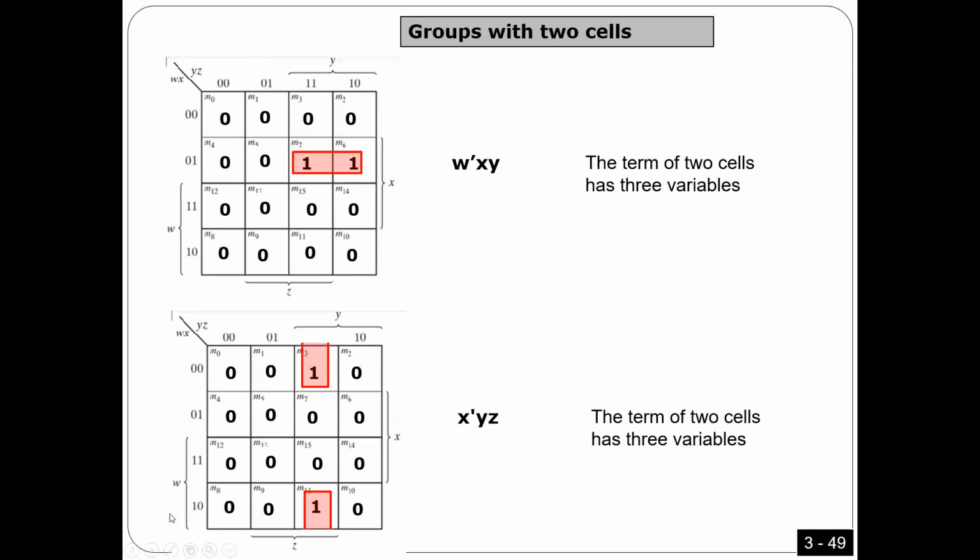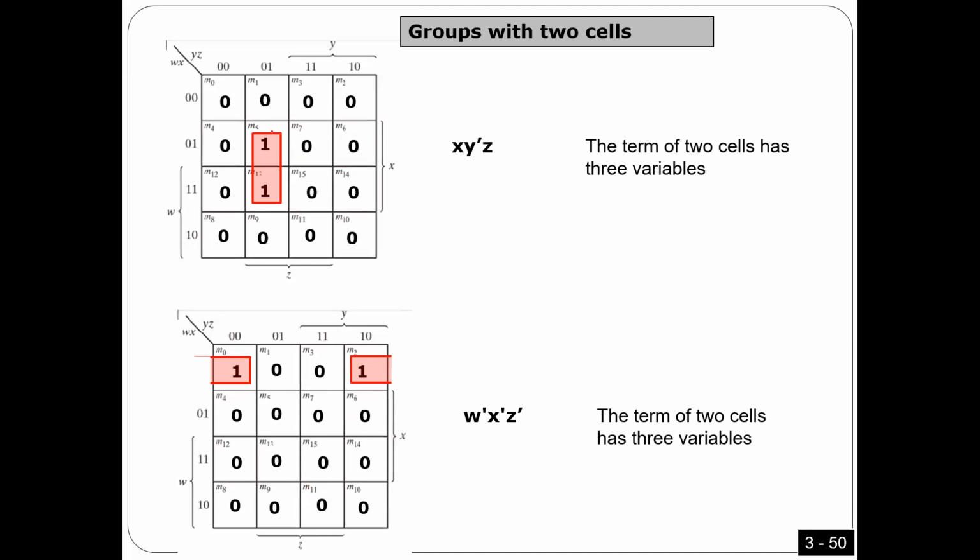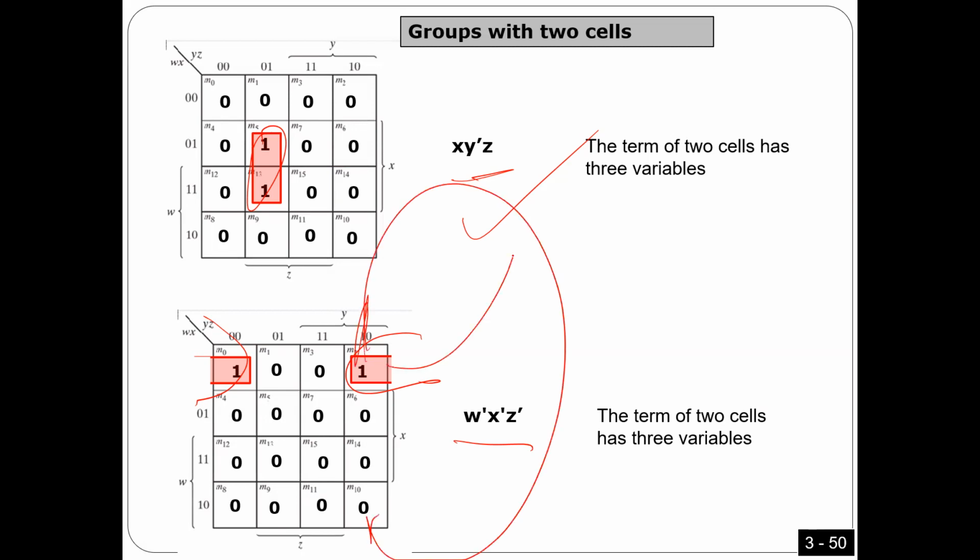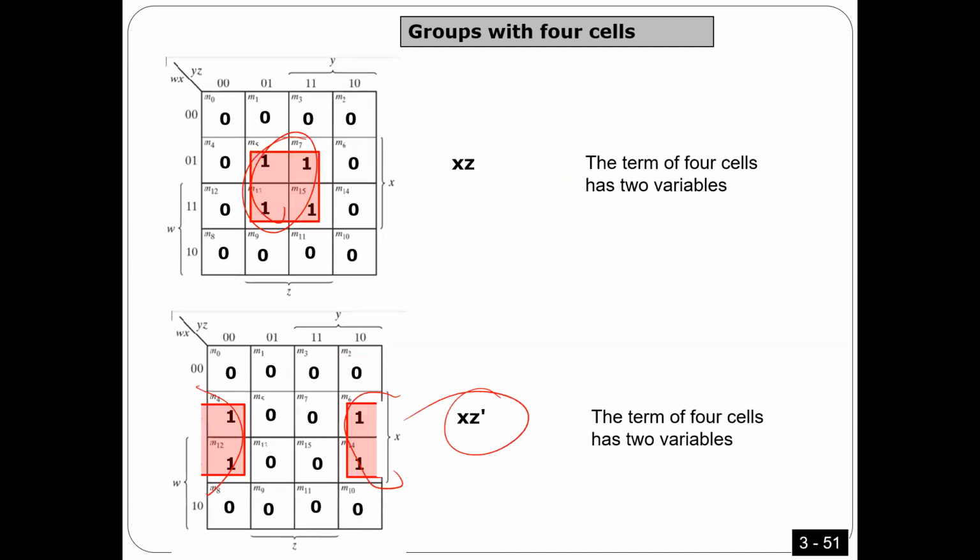Now, based on the definition of neighbors I made before, these 2 are neighbors, and I can get this term this way. Also, these 2 can be neighbors, and I give you this term this way. Also, these 2 can be neighbors this way, because this one is neighbor to this one, and it's also neighbor to this one. Any questions?